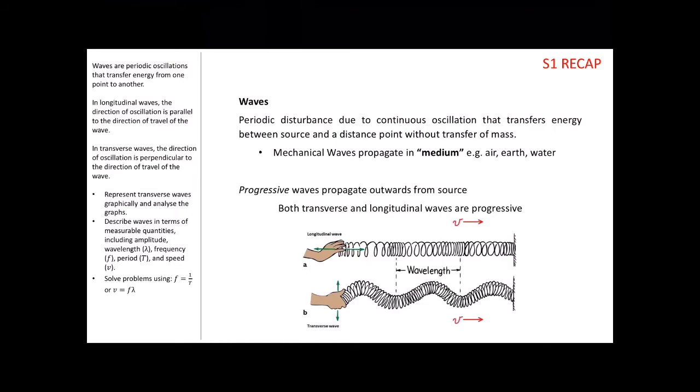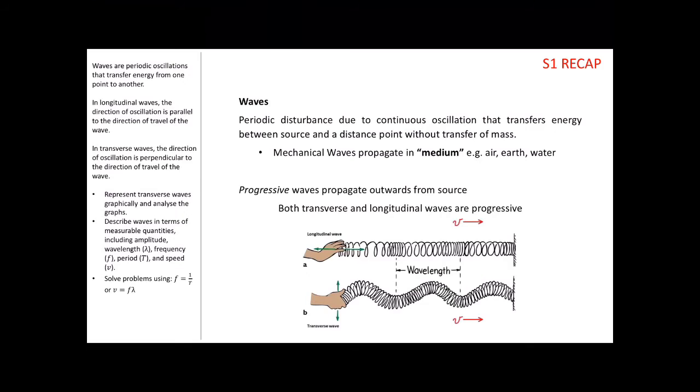Transverse waves are represented by the second slinky, and in transverse waves, the particles or the things that are vibrating or oscillating are moving perpendicularly to the direction of travel.